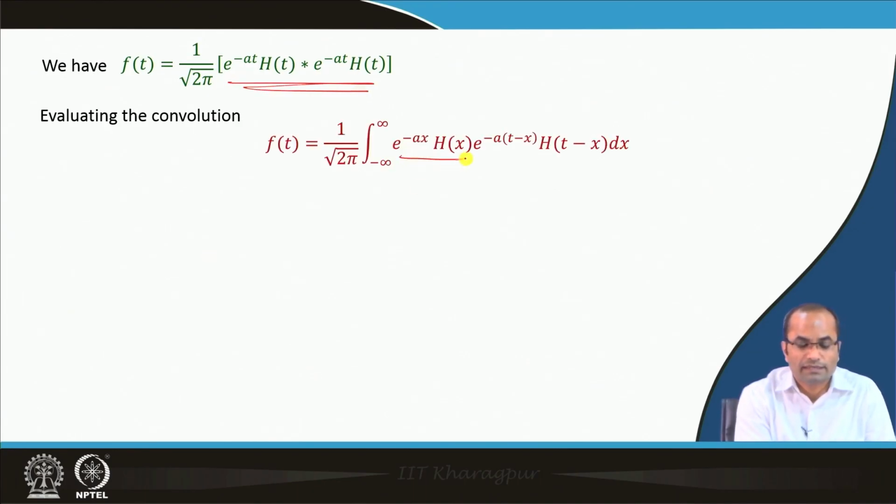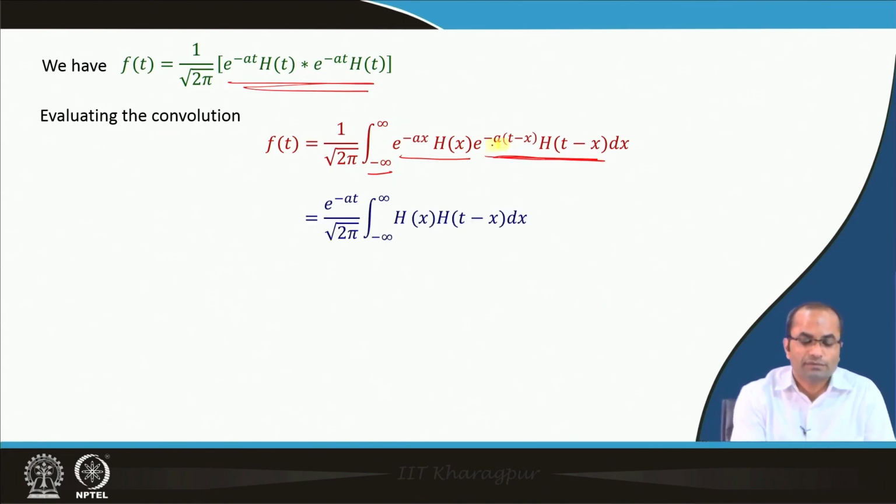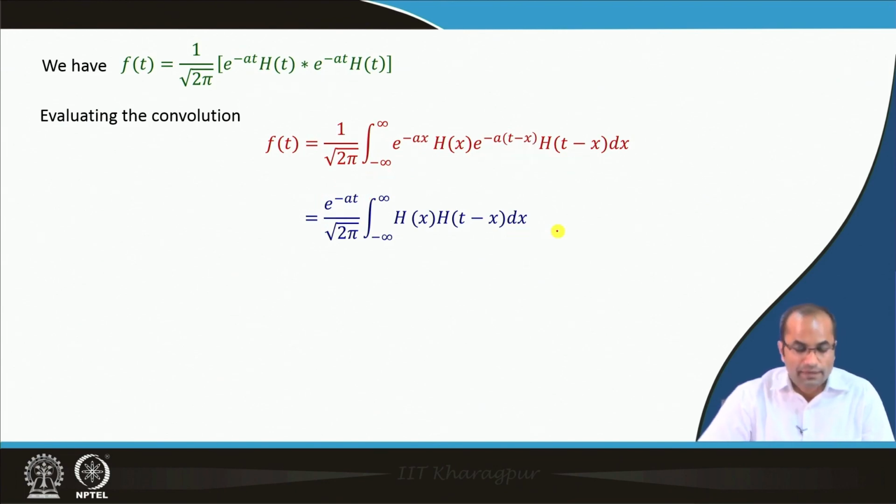So, having this convolution now we can evaluate this. So, e power minus a x h x, and this shift will be there in the second case, minus infinity to plus infinity. So, this simplification, because we have e power minus a x, here we have e power a x, that will get cancelled, and we have e power minus a t outside because this integral is over x.